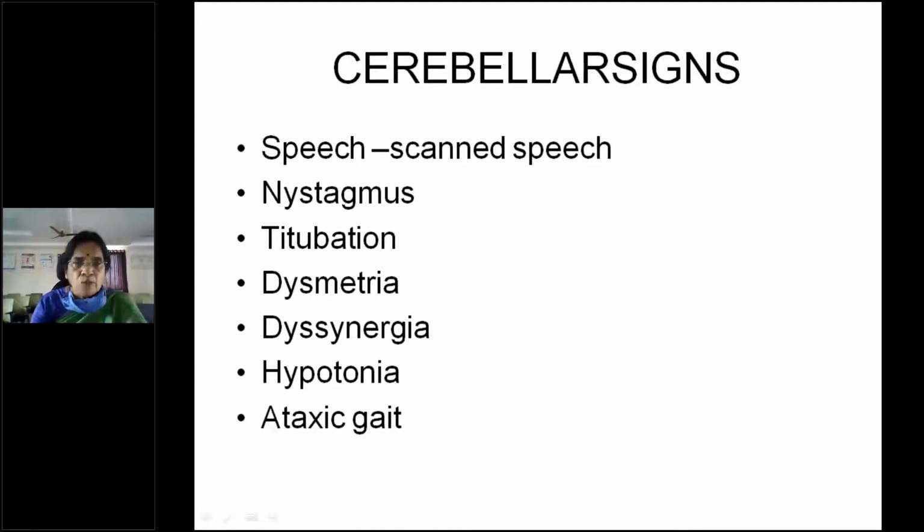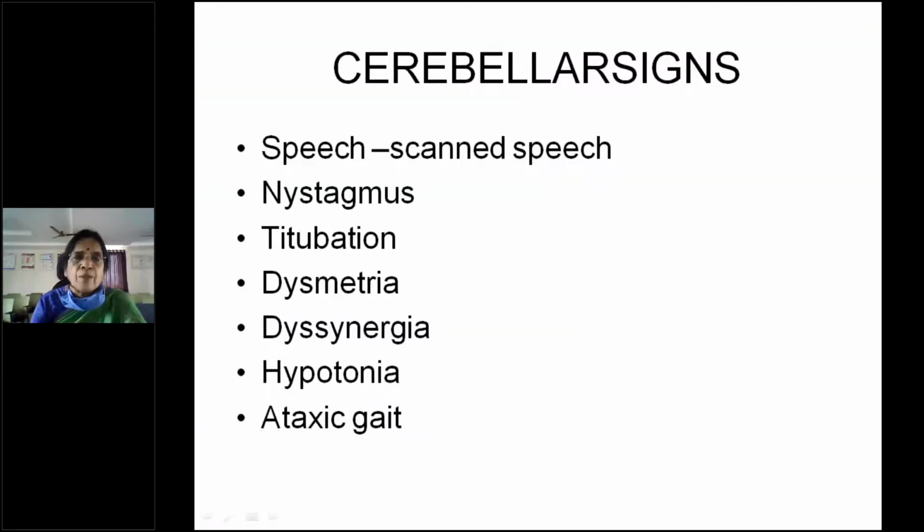And nystagmus. He may not be able to tell, but the patient's attendants may tell. Or if you are watching him, you can make out the oscillatory movements, whether it is a horizontal, vertical, or rotatory nystagmus. Usually rotatory movements you can get in extrapyramidal disease or some poisoning.